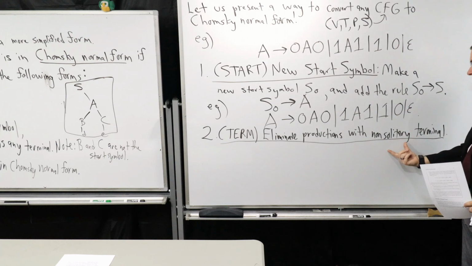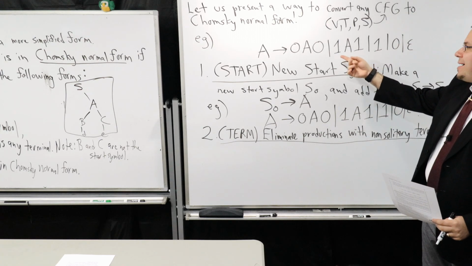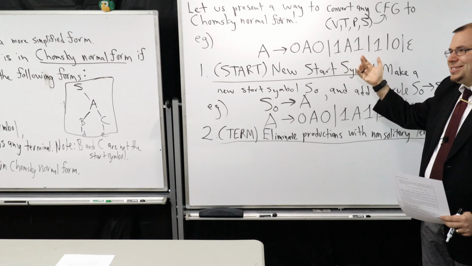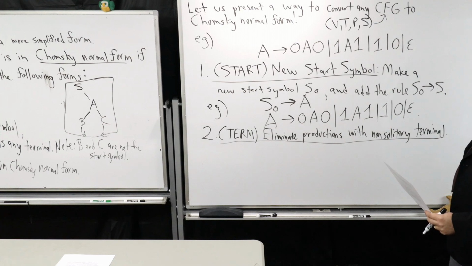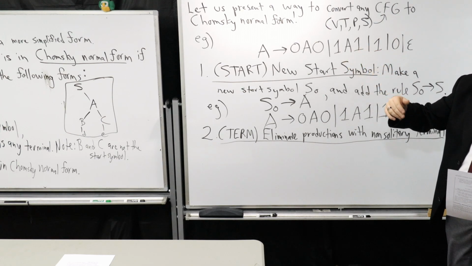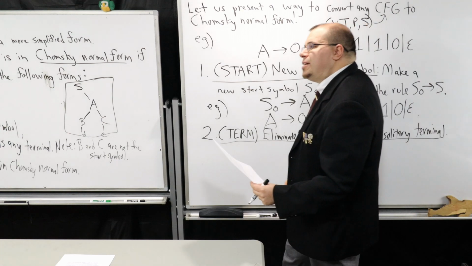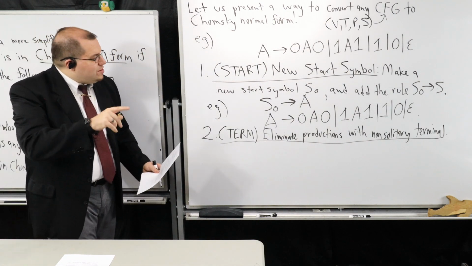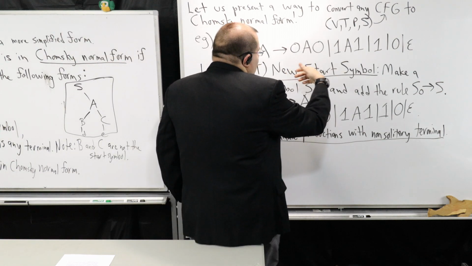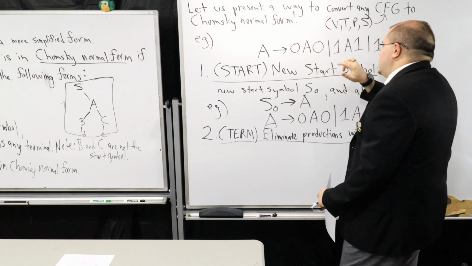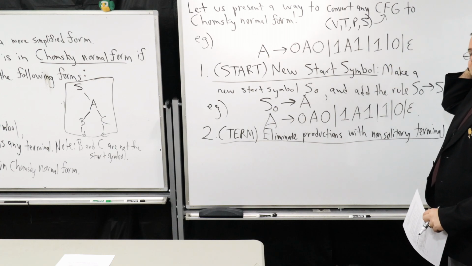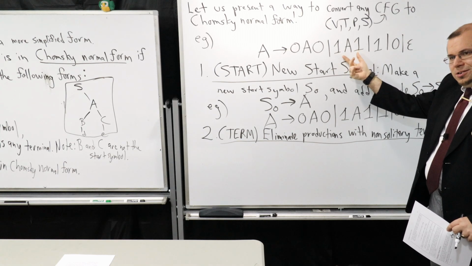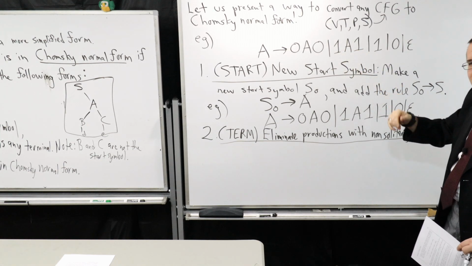That means a non-solitary terminal is hanging around in one of these production rules with at least some other symbols. I would like to get rid of all the instances where terminals appear in production rules that have more than one symbol. I would like to turn those into variables.